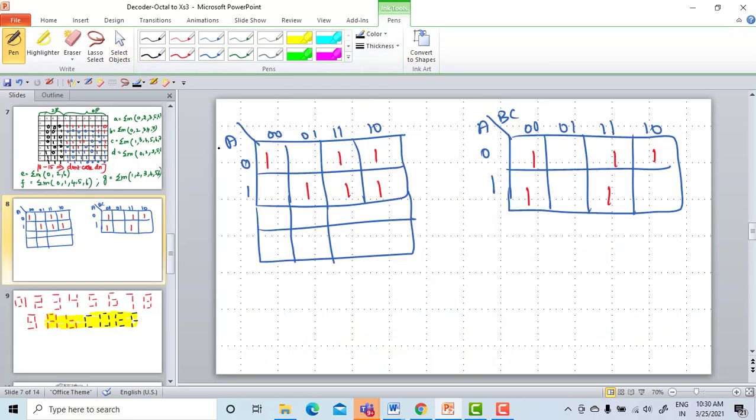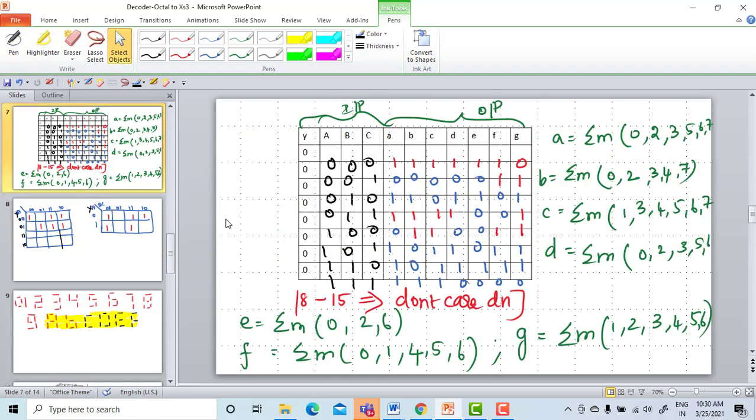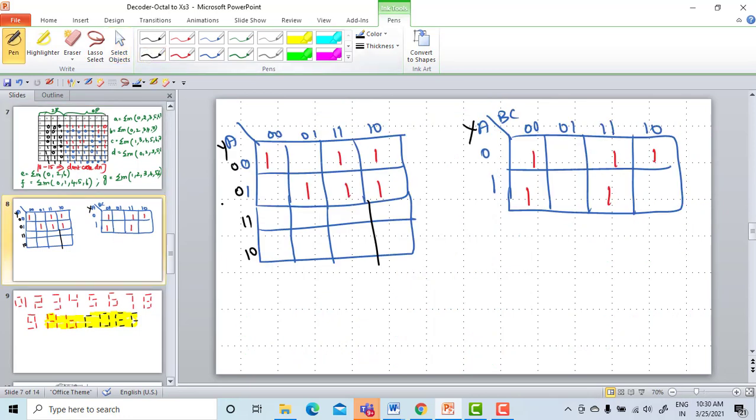So I will write it as Y, A, B, C: 0 0 0 1 1 1 1 0. Again the same thing, but from 8 to 15 it is don't care. For all the K map tables, namely from A to G, 8 to 15 can be used for don't care conditions. So 8, 9, 10, 11, 12, 13, 14, 15. These are all don't cares. This can be used for the reduction.